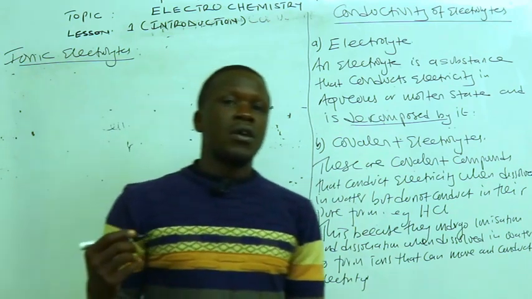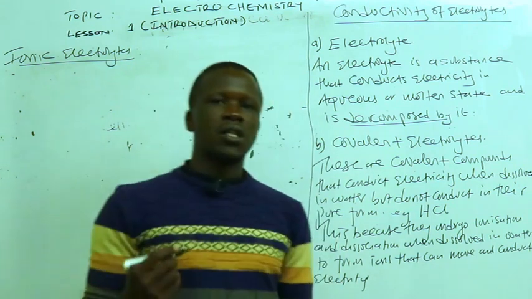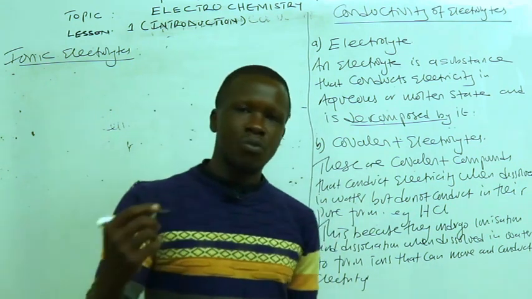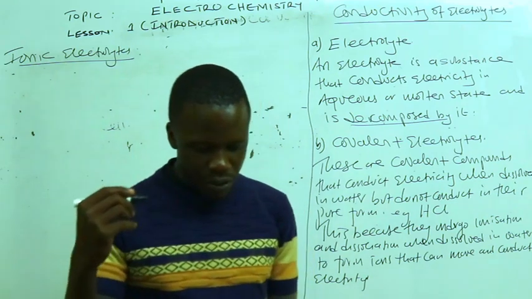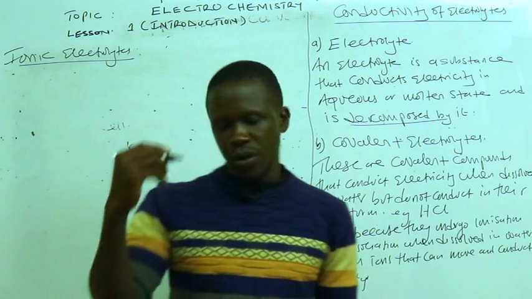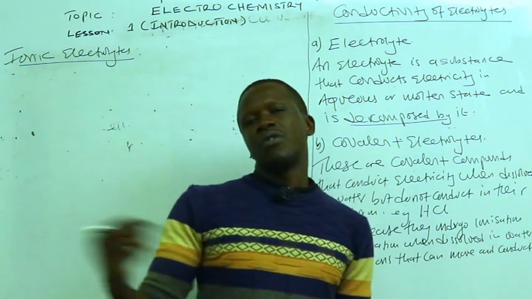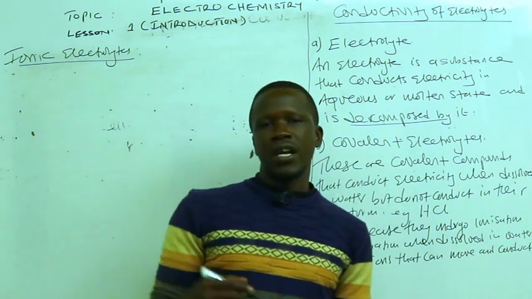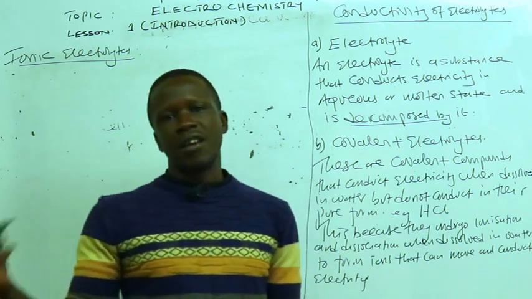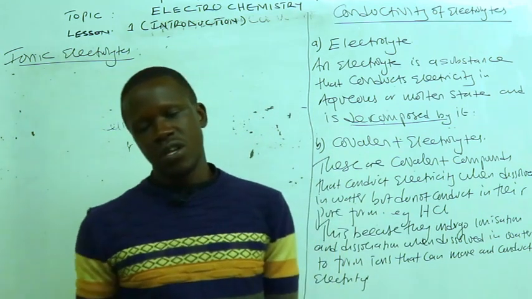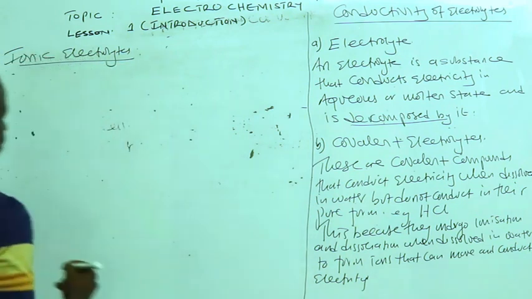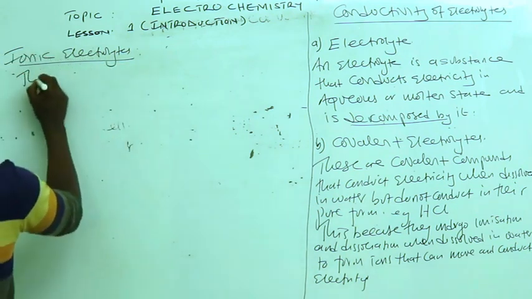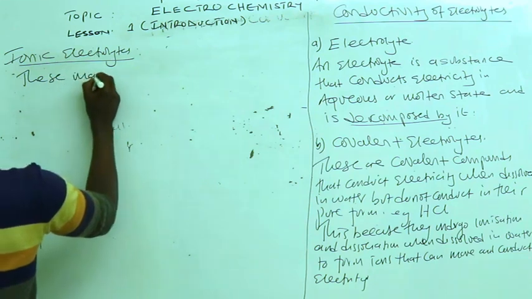Now, if we do not melt them, then we can dissolve them in water because most of these ionic compounds are soluble in water. Once you dissolve them in water, you break the strong ionic bonds and the ions are free to move.